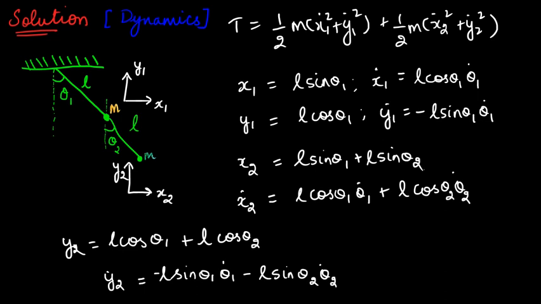Next we have to directly substitute in our kinetic energy. Before that, we can simplify by squaring all the dot terms.